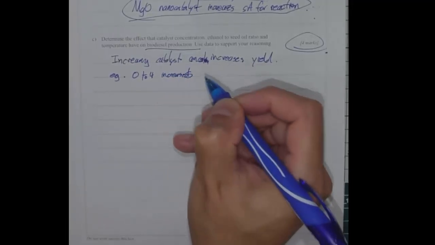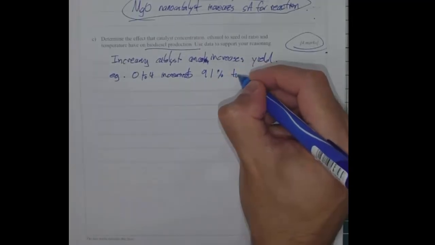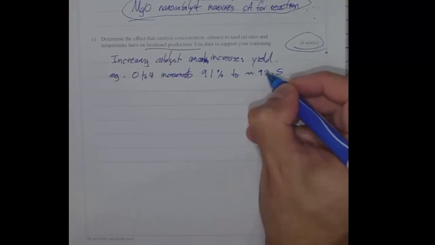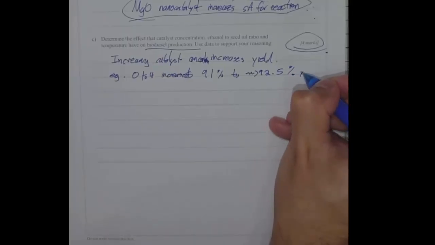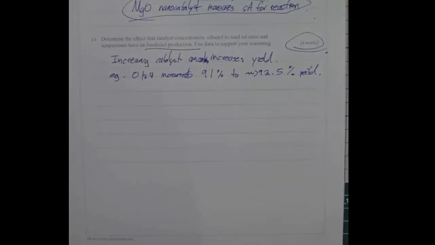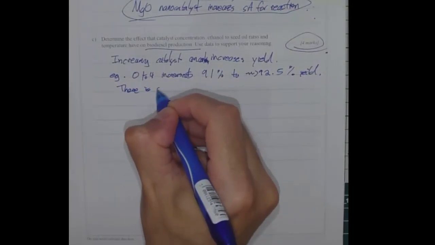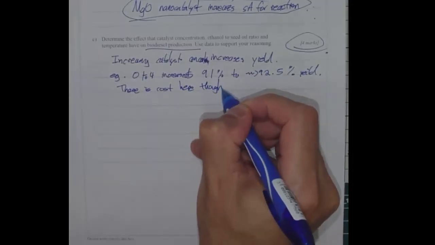So relationship with data, 91% to around 92.5%. Why would they do this? It's like a data test. There is a cost here though. All right, there's 3 points.